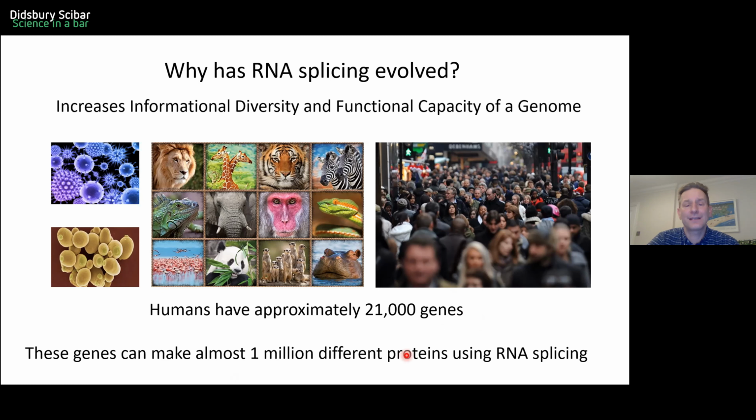So having this ability to take these genes and get a wide variety of different proteins with slightly different functions has really been important for the development of more complex organisms like ourselves. RNA splicing is really important for getting the protein diversity that organisms need to become more complex, without expanding and having a huge genome to carry all those genes.